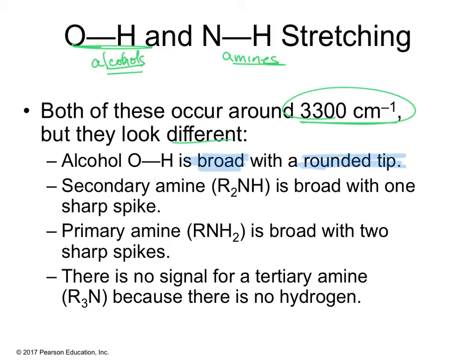A secondary amine is going to be broad with one sharp peak, and that's because it has one NH. The primary amine has two NH bonds, so it's still going to be a little broad, but it's going to have two sharp peaks. And then there is no signal for a tertiary amine because there's no NH. So NH is around 3300.